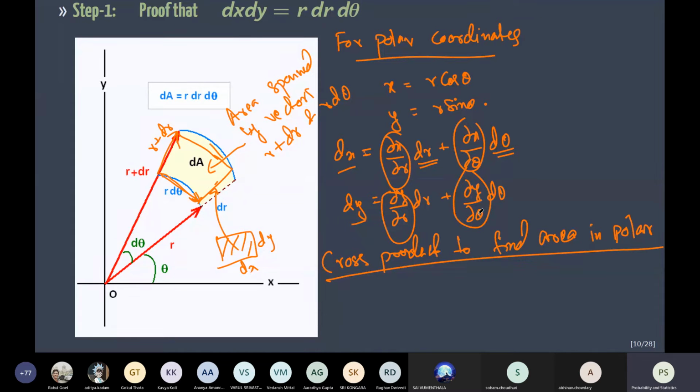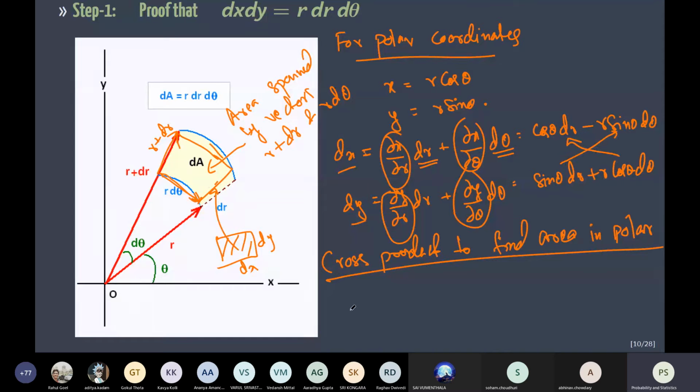So if we do the cross product of this and write it down, then in our case this will be cos theta dr minus r sine theta d theta, and this will be sine theta dr plus r cos theta d theta, right? You can do these partial derivatives and so on. And then the cross product will be the determinant, right?